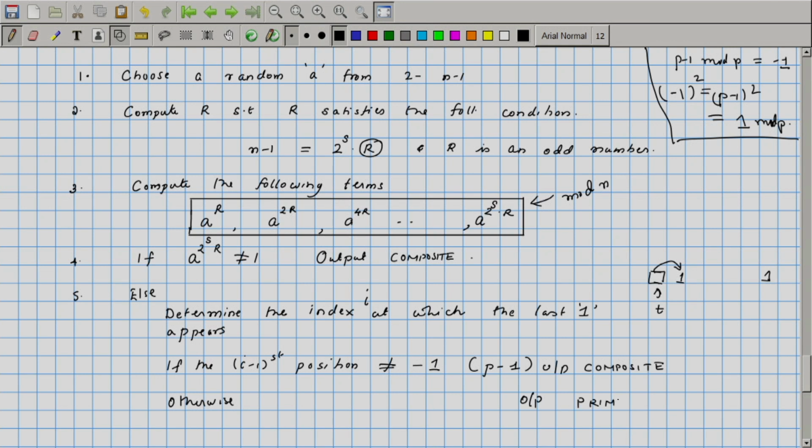So, this is our algorithm. There are two places where the algorithm outputs composite, and if it does not output composite, the output is going to be prime.